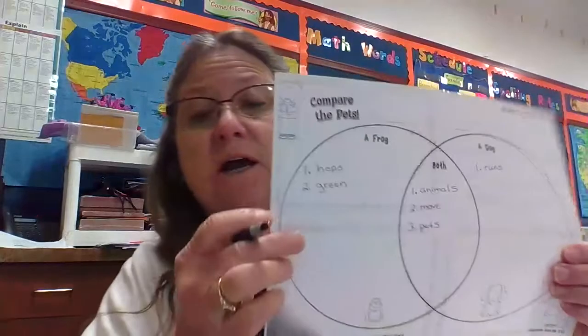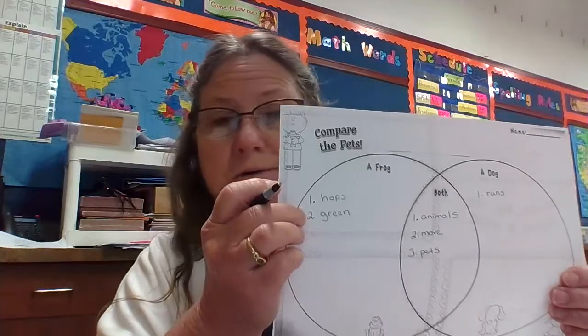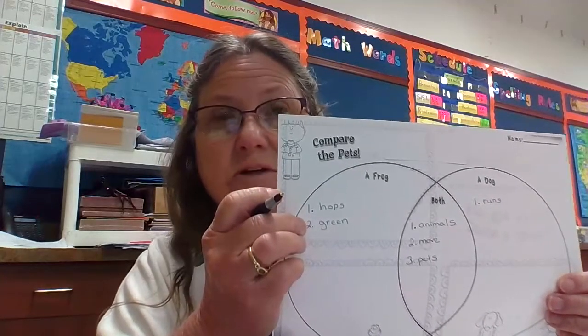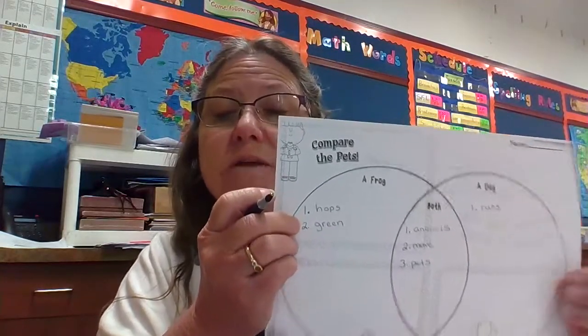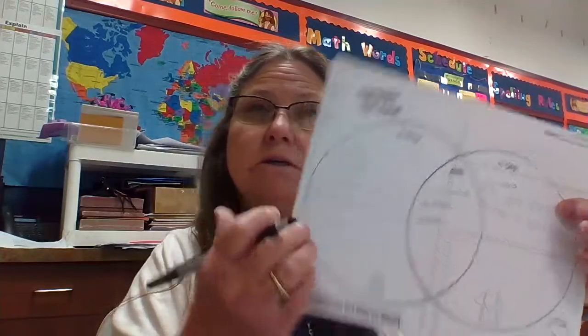Well, let's think about something else. What color are frogs? Yeah, frogs are green. So under frog, I put a number 2, and I put green. Dogs aren't green, just frogs. Well, if frogs are green, what color are dogs? Let's put a number 2, and we can say dogs are black.